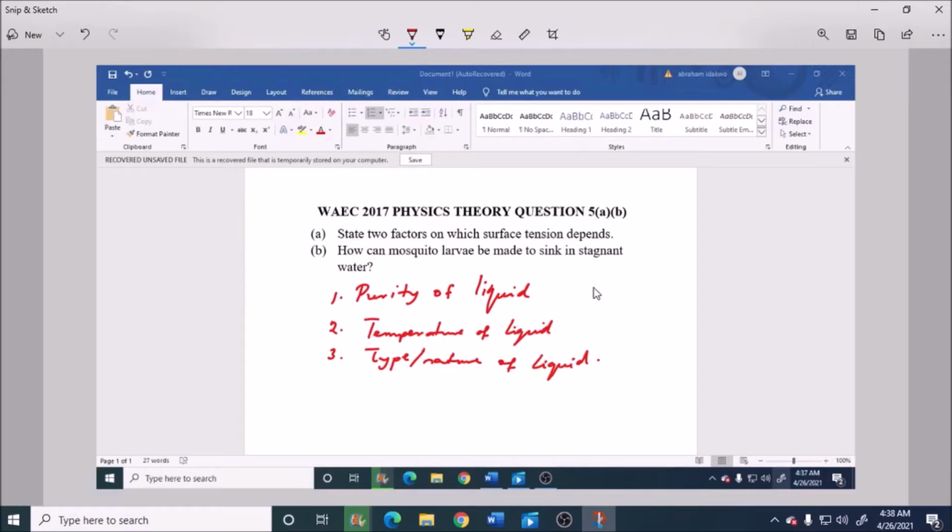Number two, alcohol. Number three, heat. And number four, we have camphor.